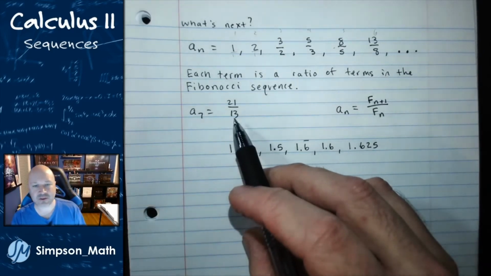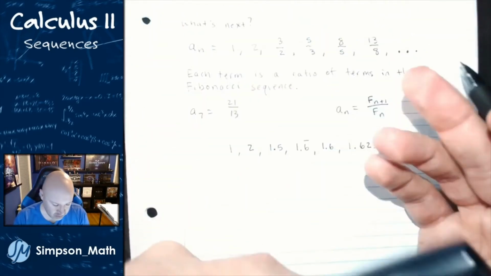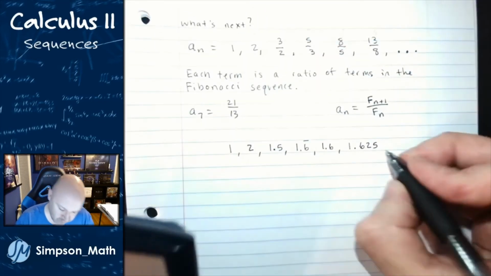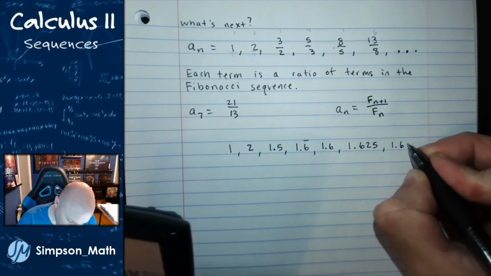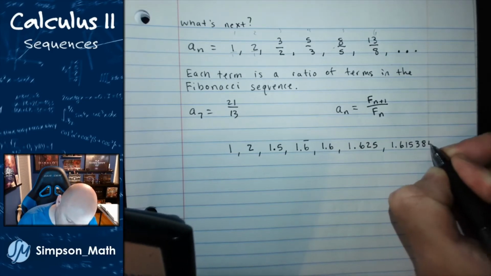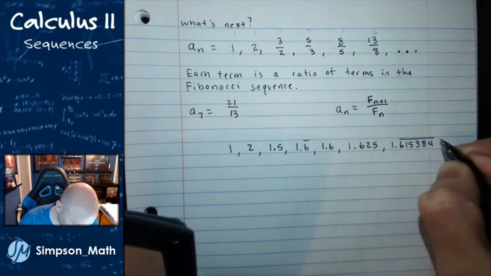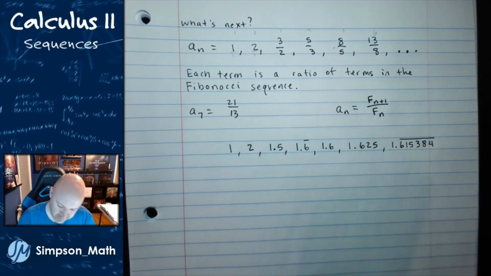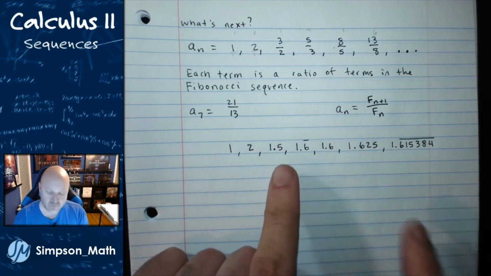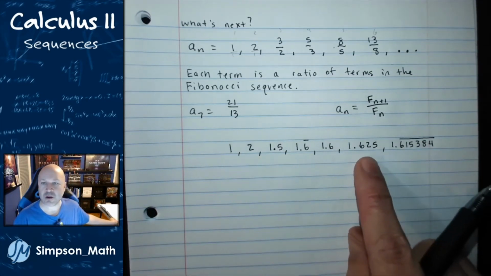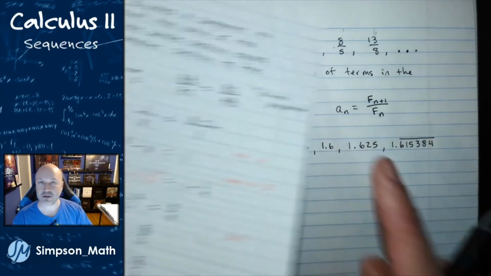The next term, the 7th term, was 21 divided by 13: 1.615384, and that repeats. Maybe do you see some kind of number that it's approaching?